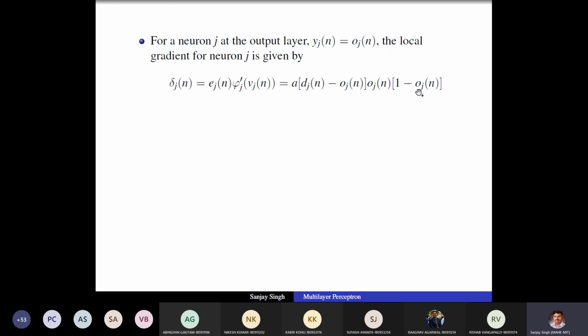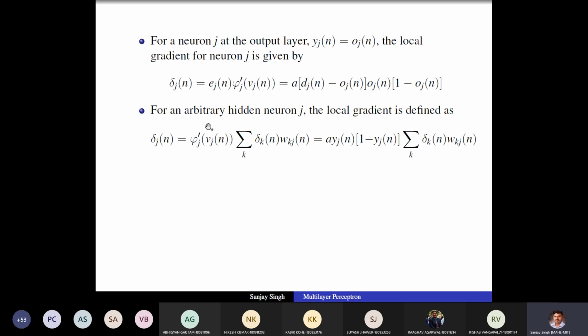Only this much, so just remember this. Now, the same formula we are going to tweak for the neuron which belongs to the hidden layer. We know that for an arbitrary hidden neuron j, it could belong to any layer and any neuron. So just hold on, I can understand your confusion. Visualization is difficult till we work it out using paper and pencil.